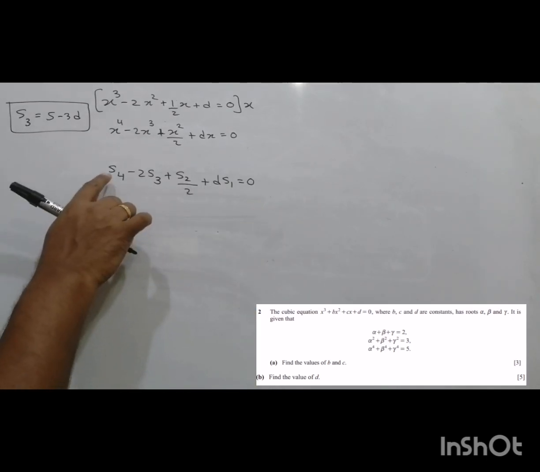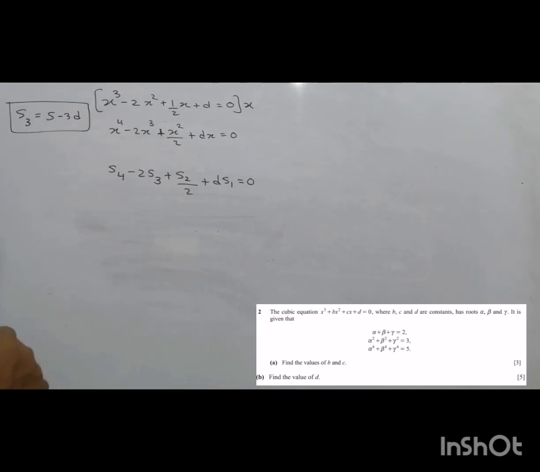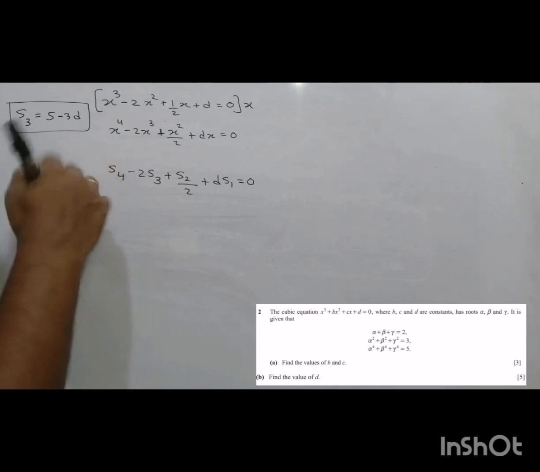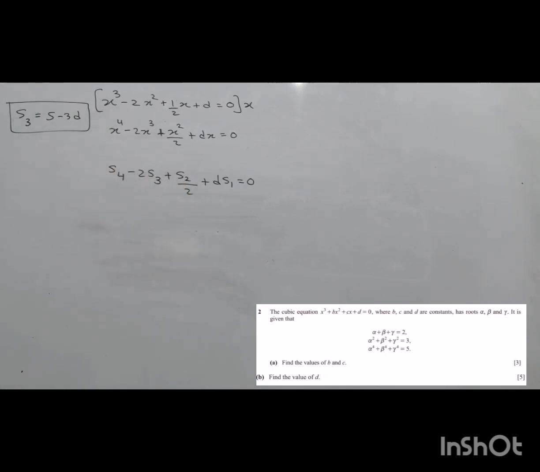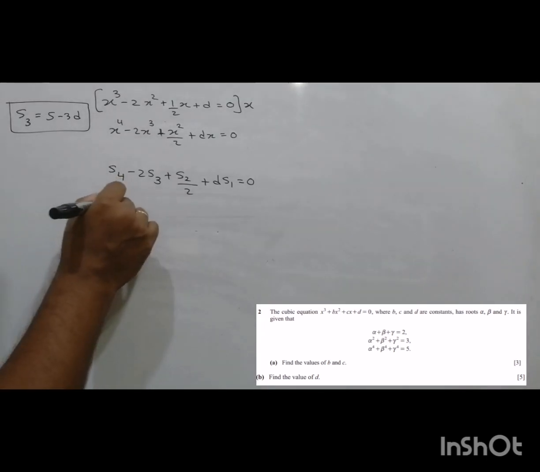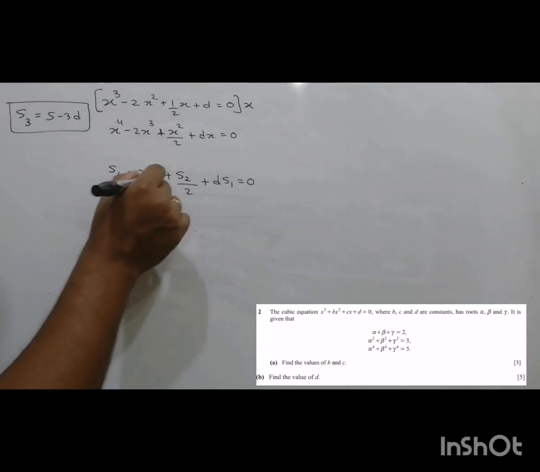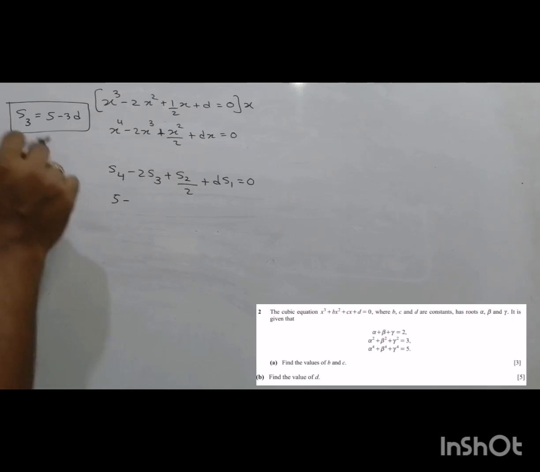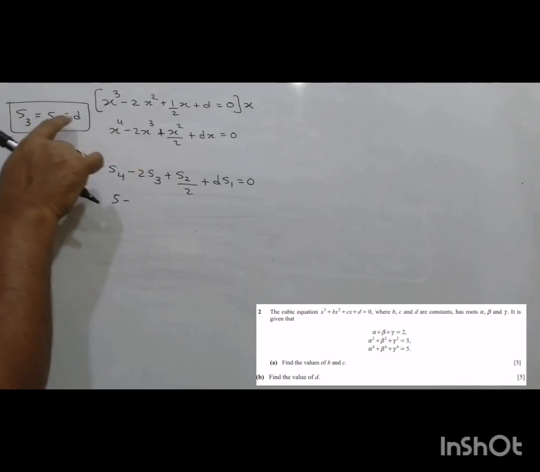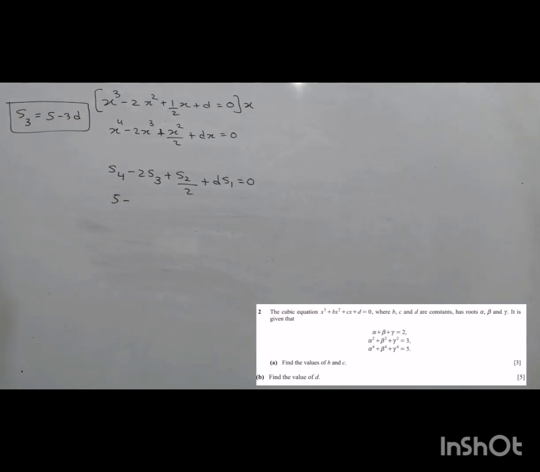Now we've been given the value of S4, that is alpha to the power 4 plus beta to the power 4 plus gamma to the power 4. That happens to be 5. So 5 minus 2 S3. Now we don't know the value of S3, but we have an equation relating S3 and D, which is what we need to find for the B part.